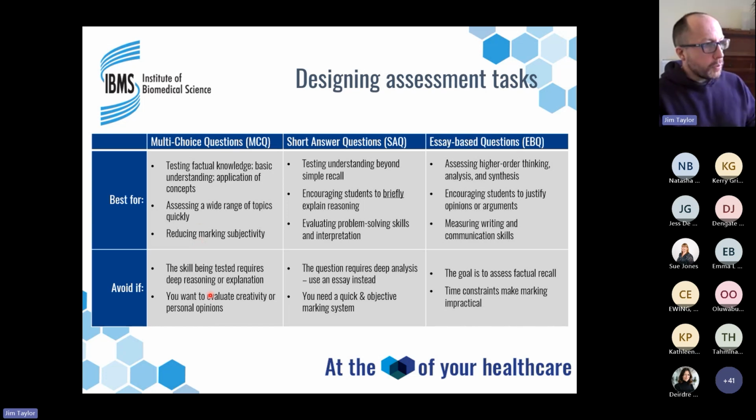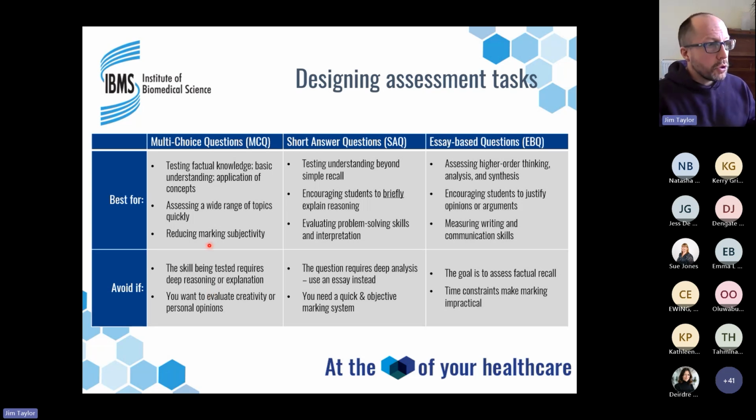The problem with multiple choice questions is that if you need an element of reasoning behind it, it's much harder to write a good multiple choice question. Because as you will know from your own experience at work, when you ask people to give reasons why and to explain why they've made a particular choice or to justify a particular action, the terminology and wording that individuals use is so very different.